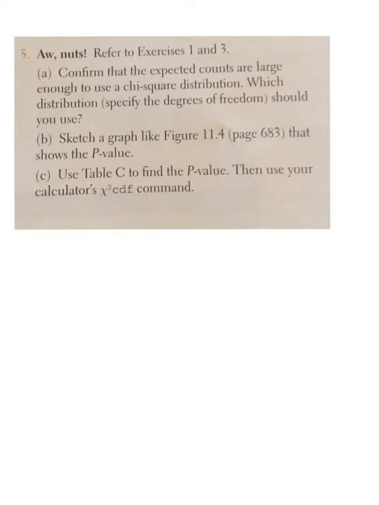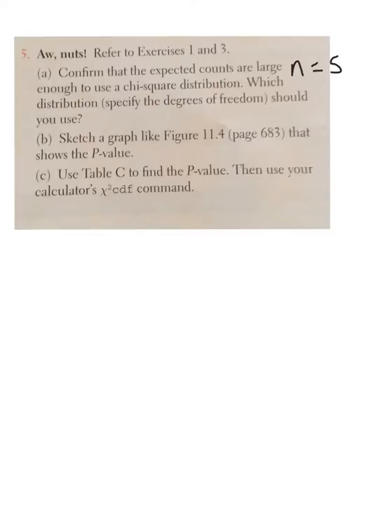Number 5. Confirm that the expected counts are large enough to use a chi-square distribution. Now, in these problems, we're still going to do random, normal, independent. And the random and the normal are basically the same that we've always used. Now, the normal part is when we look at each category, and when we have our sample, we have to have at least 5 in each category.